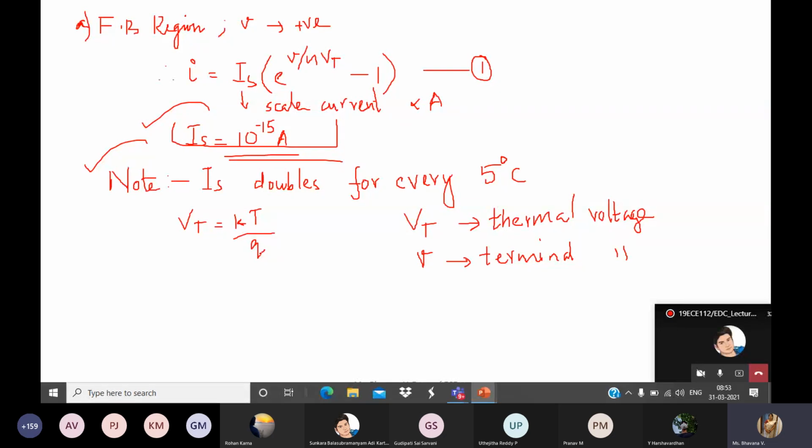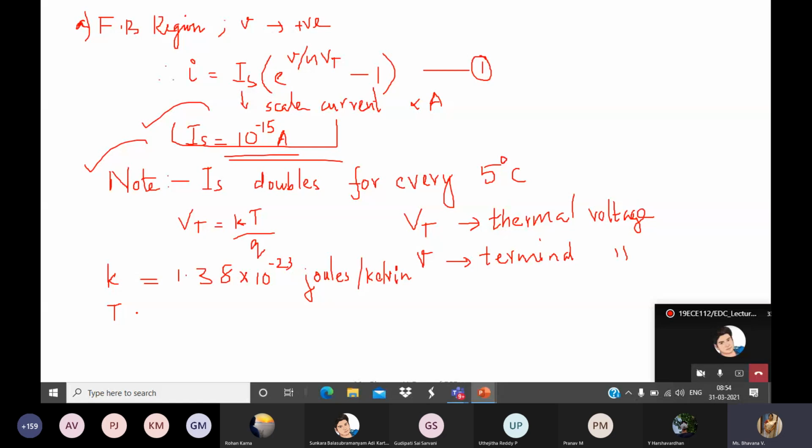K is the Boltzmann constant, and it is equal to 1.38 into 10 power minus 23 joules per Kelvin.